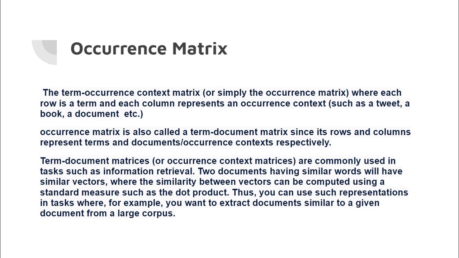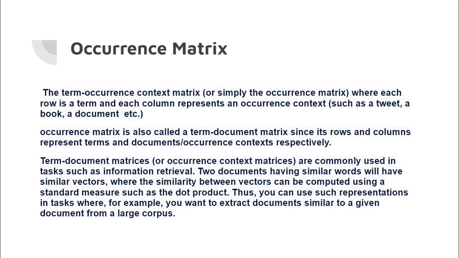So why are we creating these matrices? To find the similarity between documents. Suppose you are given a document. As human beings, we read the entire document, understand its context, then try to search for a similar kind of document in the available large corpus.